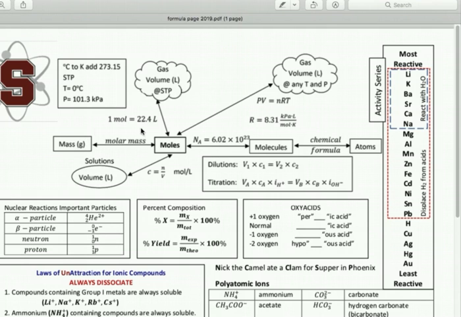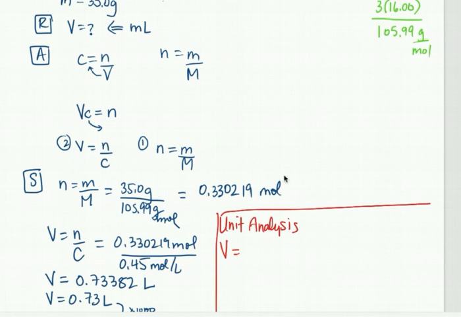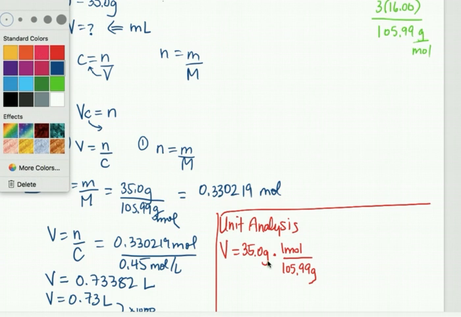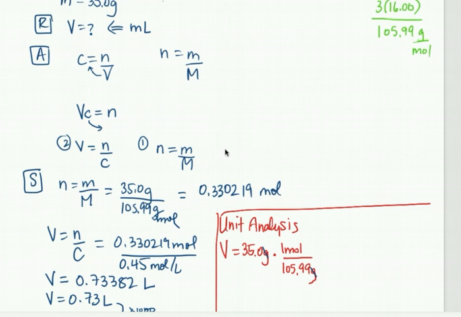So we'll start off with our mass, and use our molar mass to get to moles. So our mass is 35 grams. Okay, our molar mass, we're going to flip it. So we get to there, and again, you can see that we're on the right track because the mass units will cancel out.